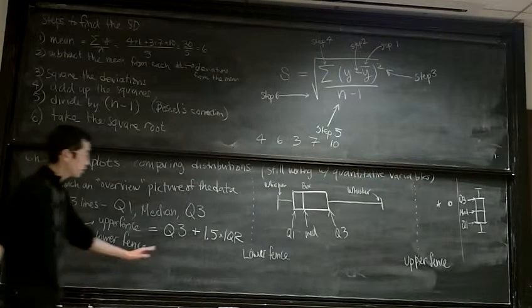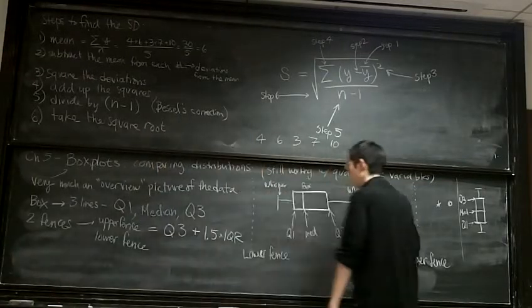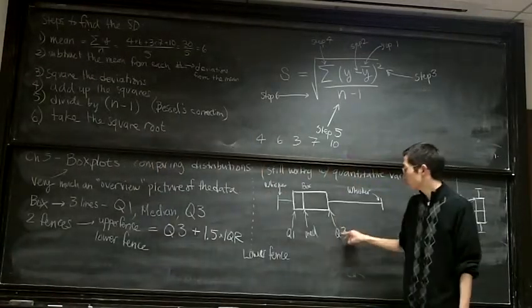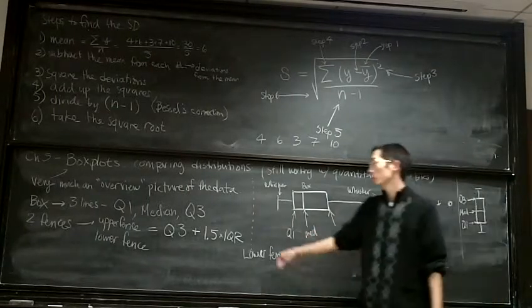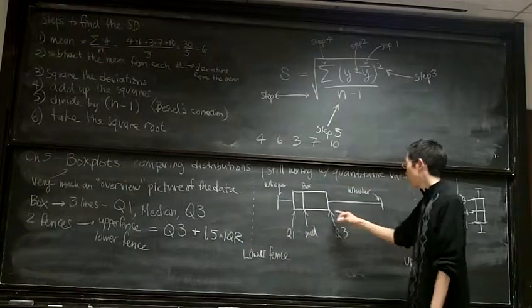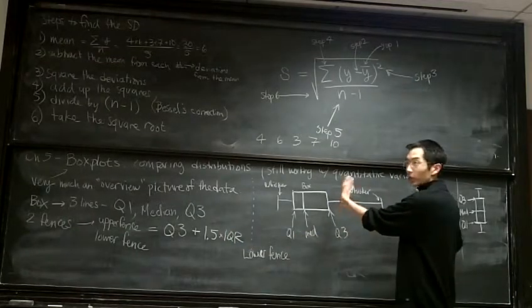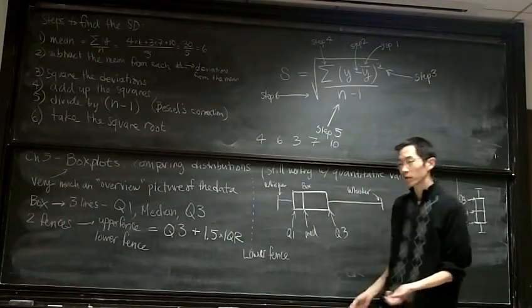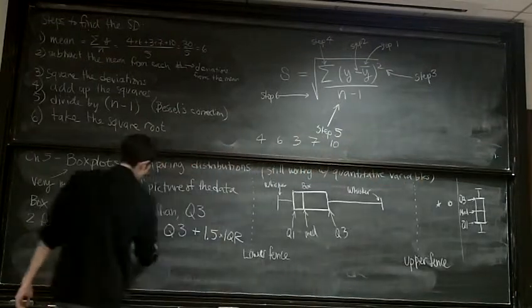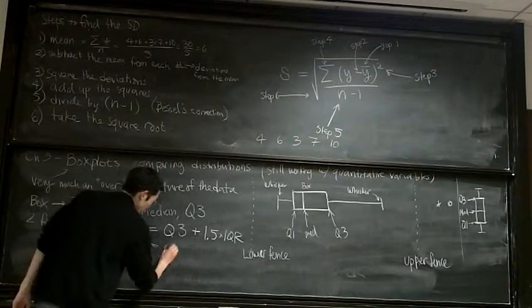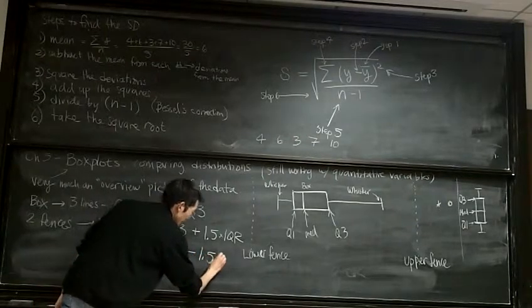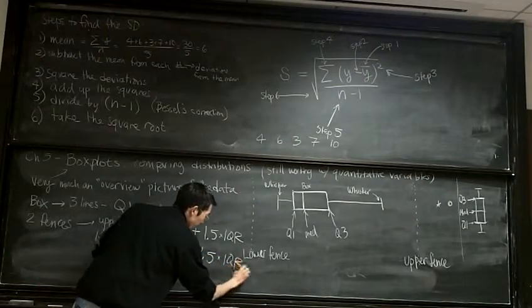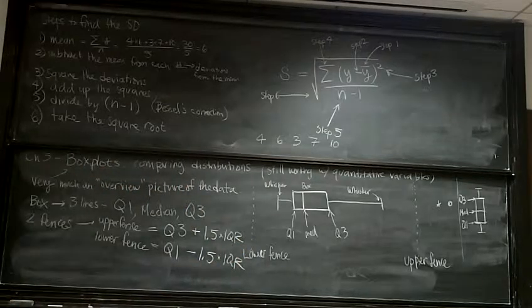The IQR is Q3 minus Q1, and we multiply it by 1.5, and we go that far above Q3 to define our upper fence. The lower fence is going to be Q1 minus 1.5 times the IQR. That's how we find the lower fence.